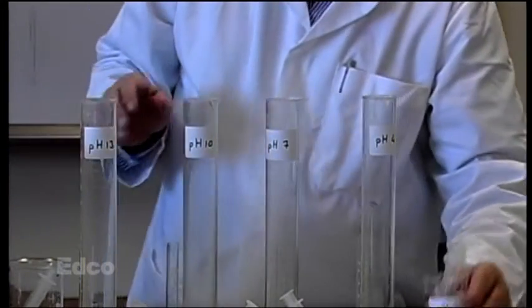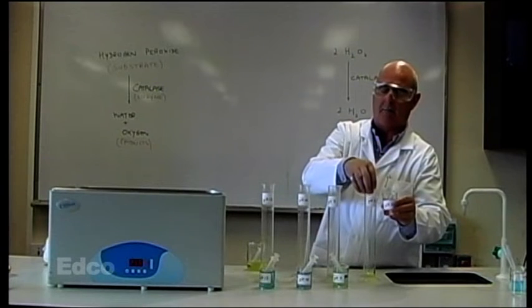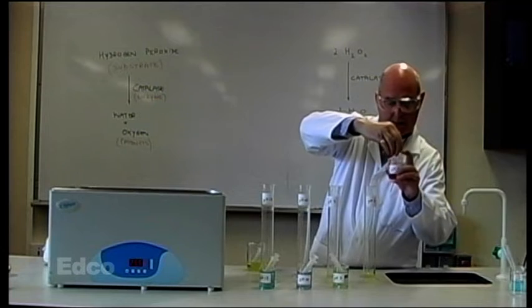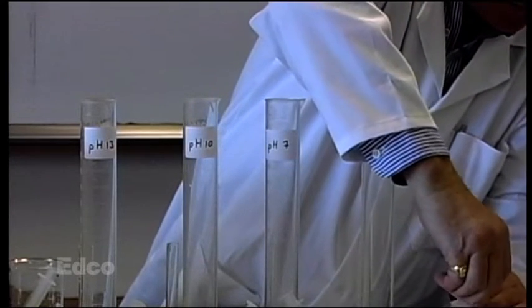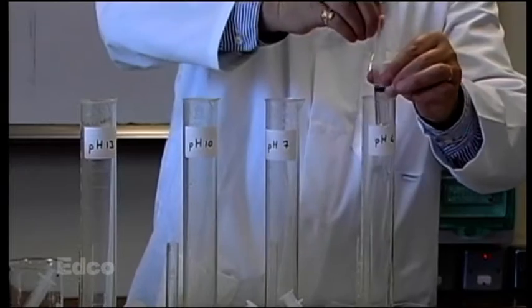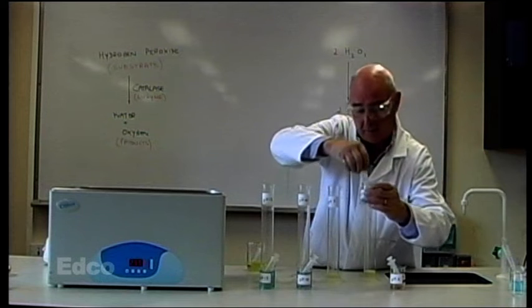We then put in 10 of pH buffer. pH buffer guarantees you a particular pH. This is pH buffer 4, so we use 10 cubic centimeters of that. And 10 cubic centimeters of pH buffer 7.